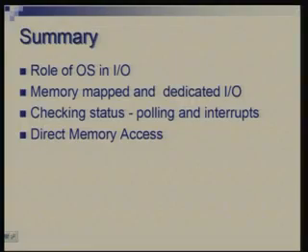Okay, so I will stop at this point and summarize. We started by looking at the role of system software in IO operations, and we noticed that the software is required.